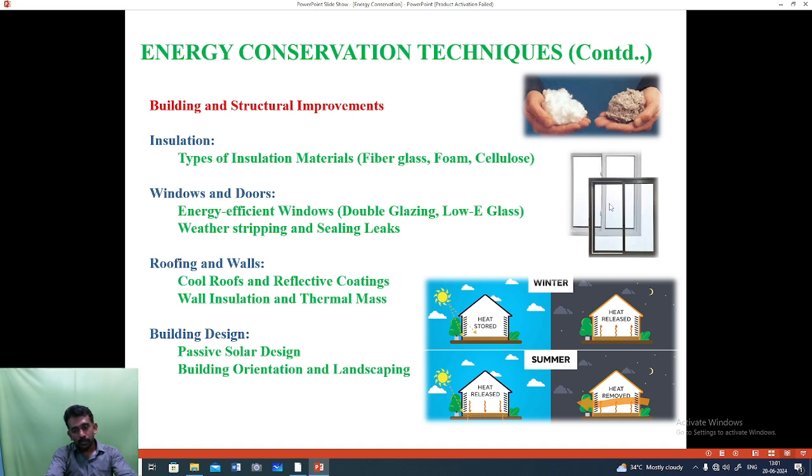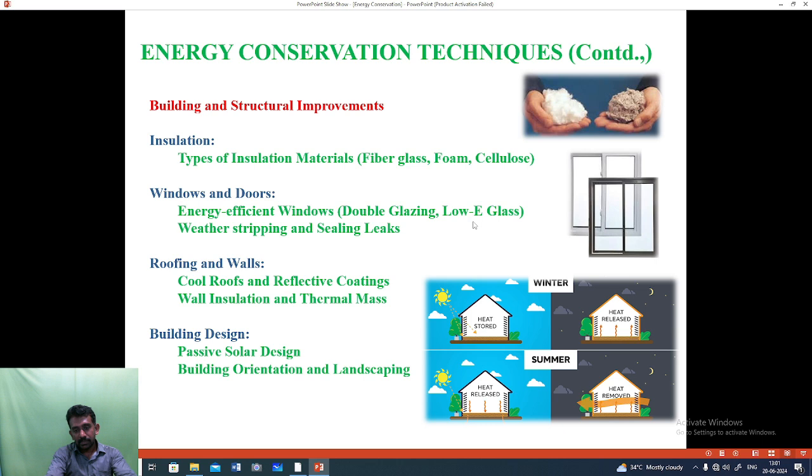So two advantages are here. One, using a large window we can maximize the inflow of natural light, and we can reduce the heat flowing through the glazing. So there is a hybrid advantage we can expect from this type of windows and doors.